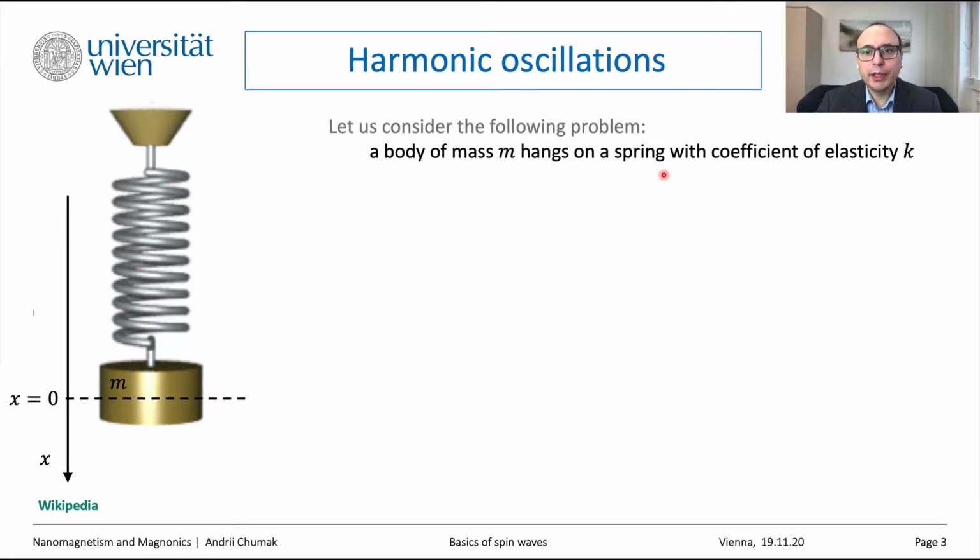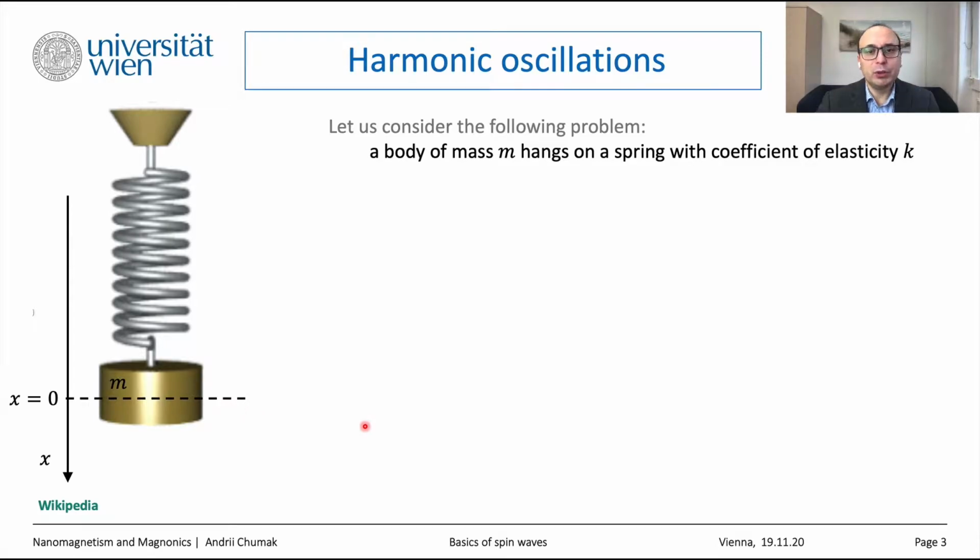And this spring has a coefficient of elasticity k, and in addition we place a coordinate axis x pointing along the spring, and the x equals 0 point we choose as the equilibrium point, like it's shown here. So if you do not touch this body, it will be hanging in this position. This is our steady state.